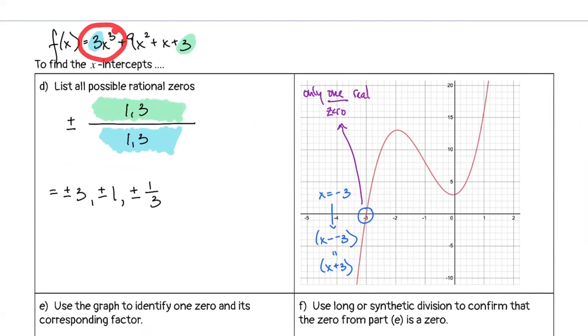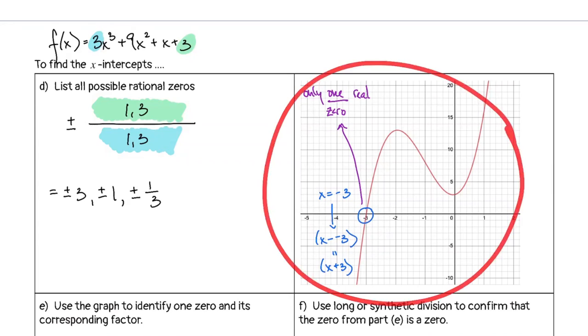How many could we have at most for a cubic? And this goes back to a different section, right? What's our maximum number of zeros? It's 3. Well, here's the thing. There are 3 zeros on this graph.